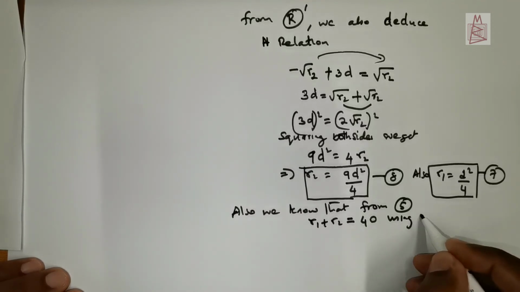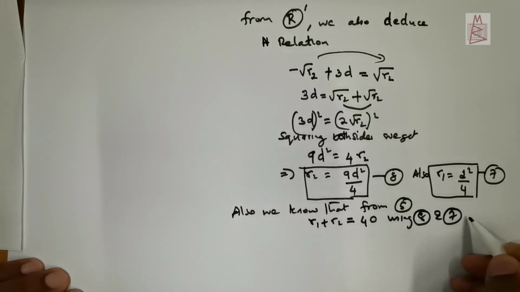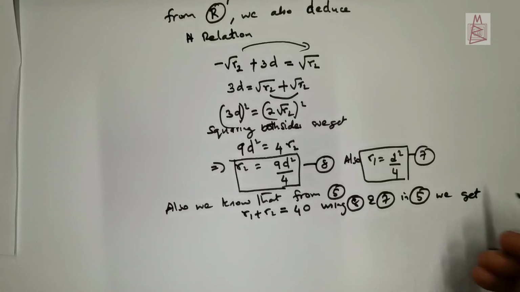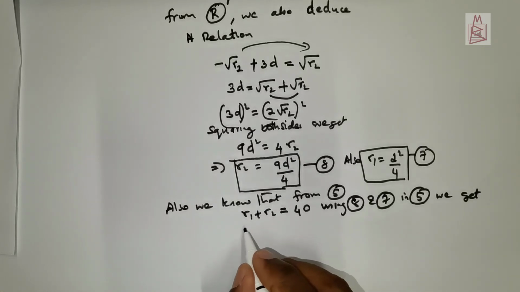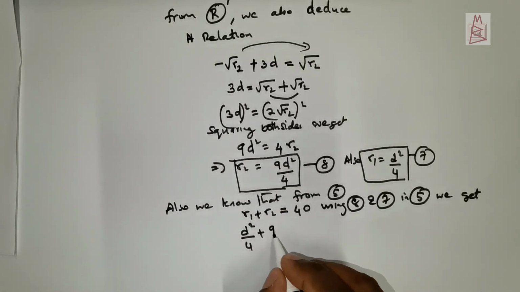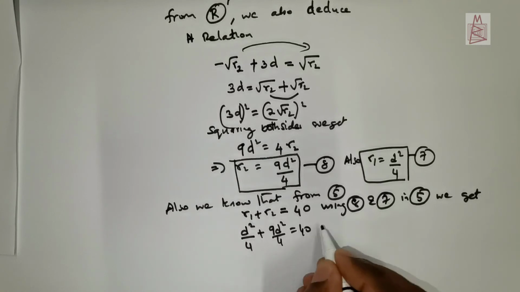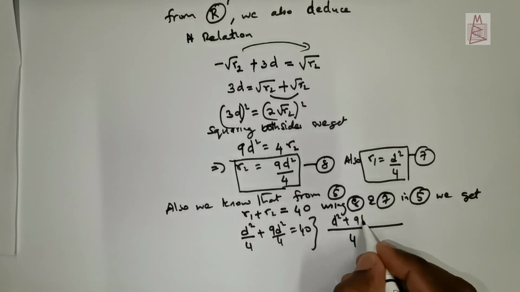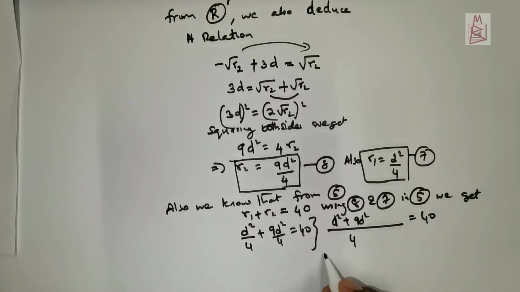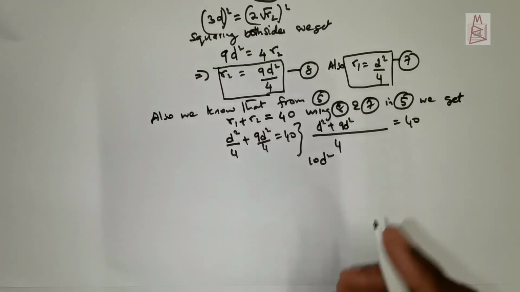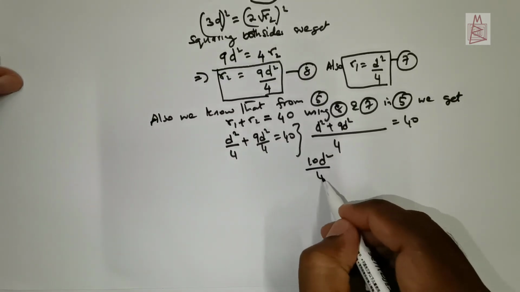Using 8 and 7 in 5 we get, so what do we get if we were to use it? So this is going to be, in place of R1 I substitute d squared divided by 4. In place of R2 I'm going to substitute 9 d squared divided by 4 is equal to 40. So this is going to be d squared plus 9 d squared, 10 d squared divided by 4 is equal to 40.